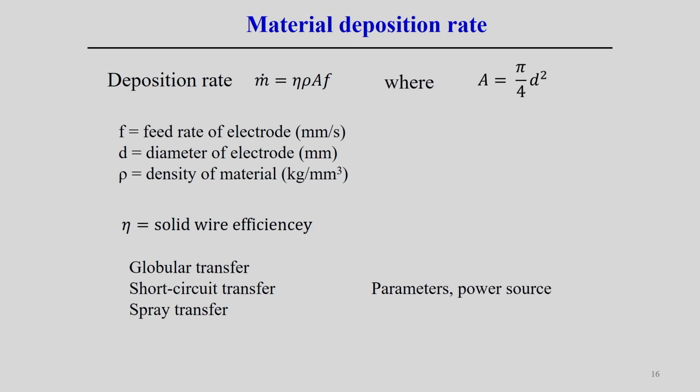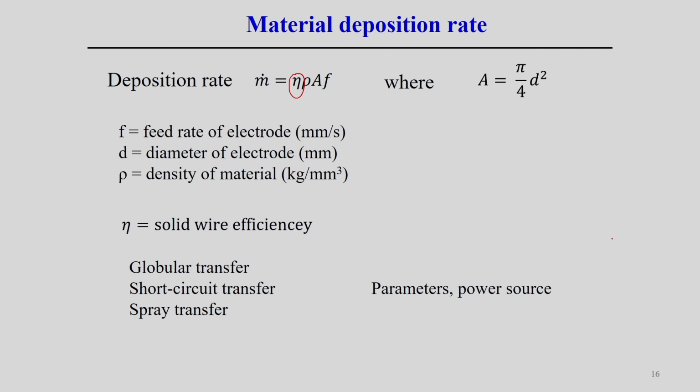Now, the material deposition rate we can simply estimate as m dot equal to the efficiency term, the density of the material, and the cross-sectional area. Normally you can estimate the deposition rate in terms of the volume flow rate or the mass flow rate. First we look into the volume flow rate.